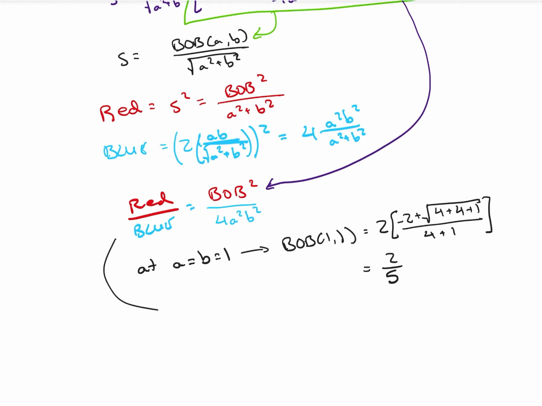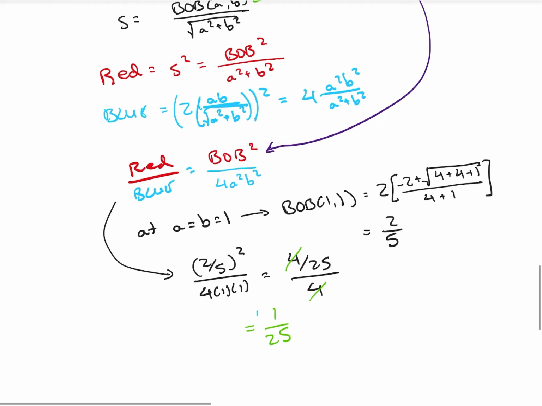So what I'm going to get here is then going to be 2 over 5 squared divided by 4 times 1 times 1, which is going to be 4 over 25 divided by 4. Thank the good Lord, we end up getting 1 over 25. So we got the exact same answer as we got the other day with our circle.